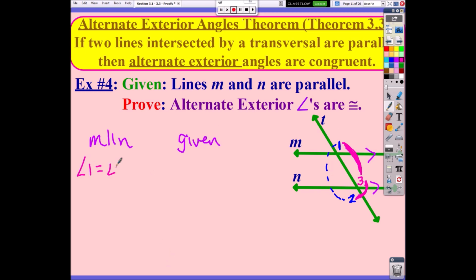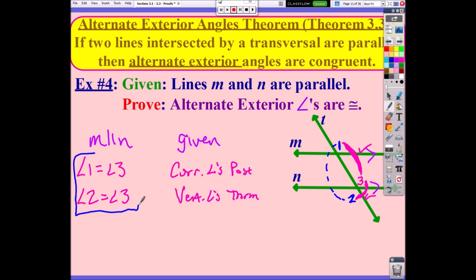Angle 1 is equal to angle 3 because of the corresponding angles postulate. Check mark. Angle 2 is equal to angle 3 because of the vertical angles theorem. Check mark. This is where I now get to combine together two pieces of information.